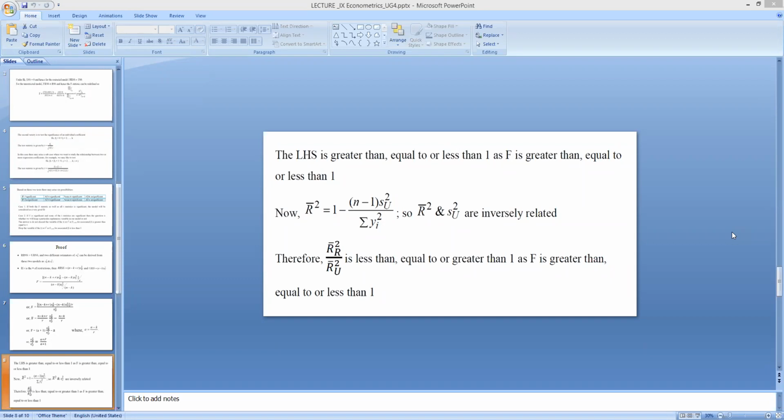Everybody? So in general, R bar square is equal to 1 minus n minus 1 A square by TSS.